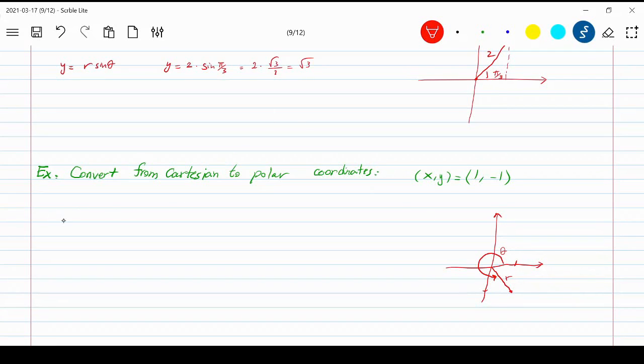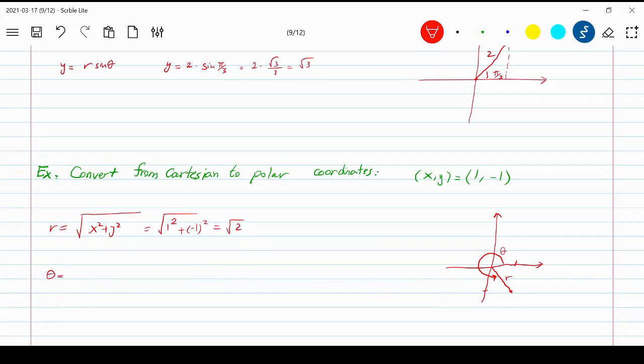Okay, so what do we know? We can first find the radius. Radius would be the square root of x squared plus y squared, the square root of 1 squared plus negative 1 squared. That is square root of 2. Then what is theta?